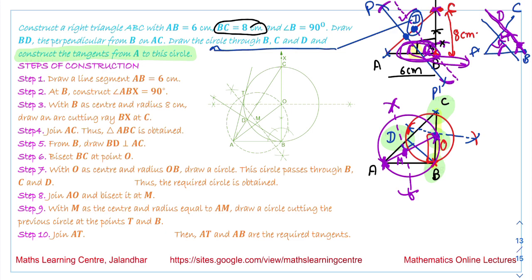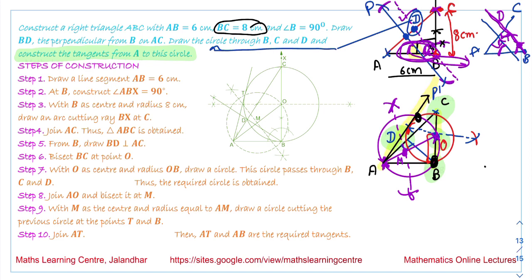These are the points where this circle is intersecting the smaller circle. When we join A to these points, we obtain the tangents.